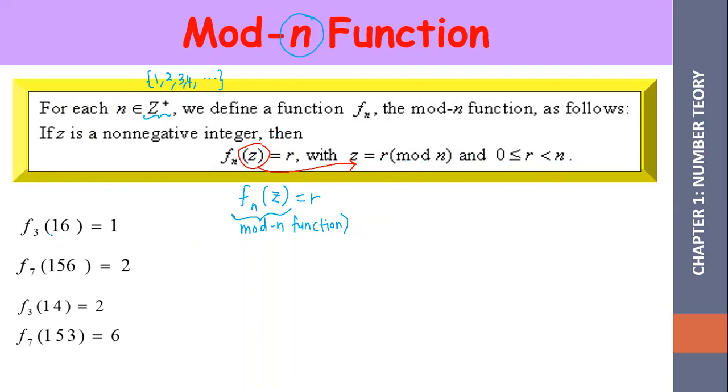Okay, so let's see this one. The mod 3 function f_3(16) is equal to 1. How do you get 1?